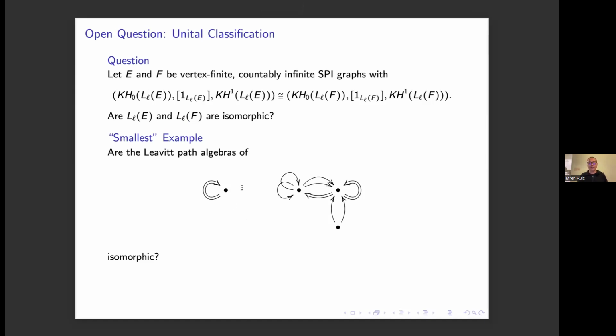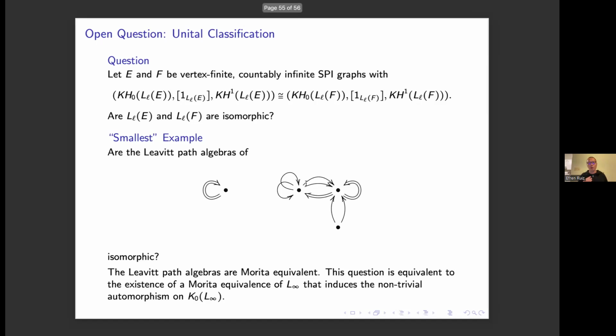So this is the L infinity graph. And this one is very simple-minded because if I remove this source, you get a Morita equivalent of the O infinity graph, because that's just the outsplitting. So these two graphs are Morita equivalent, but we don't know if they are isomorphic or not.